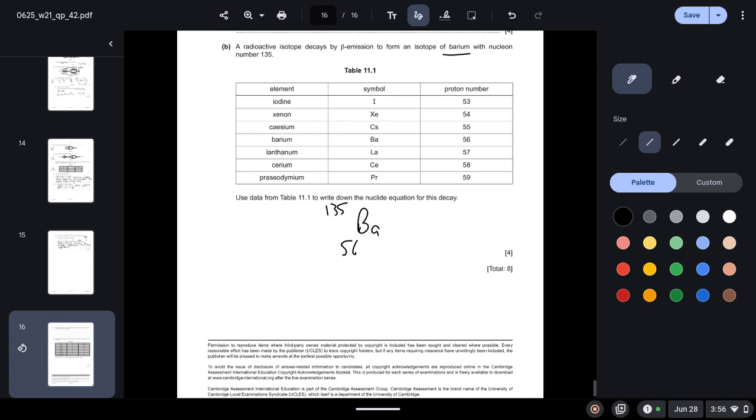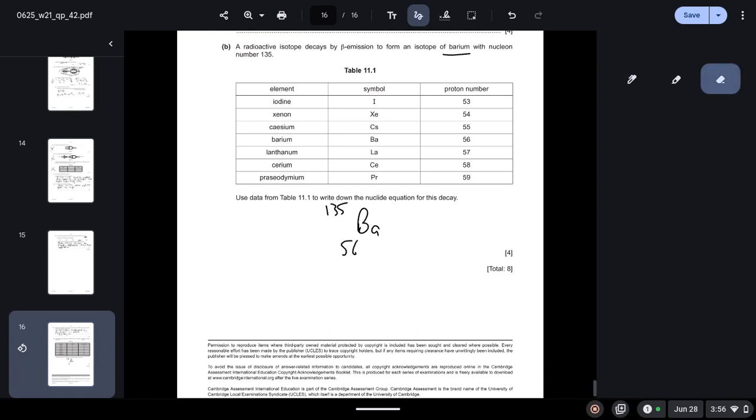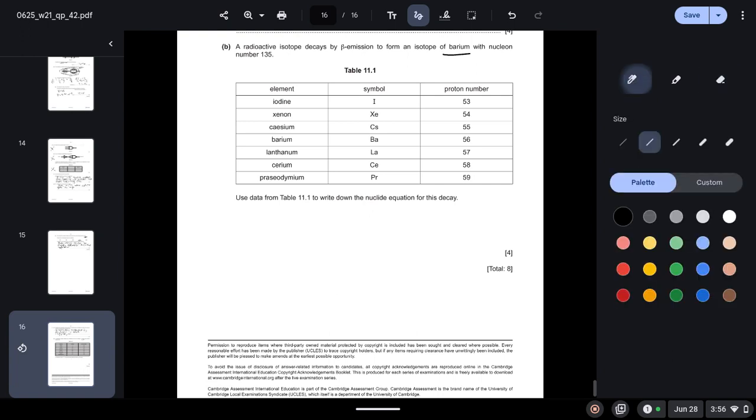We know that a beta emission is of this nature, with a change of minus 1 in proton number.